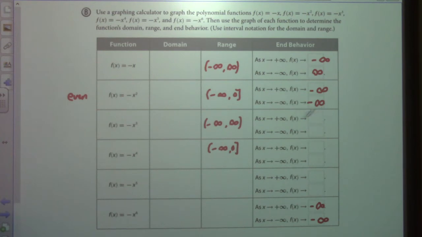And similarly here, for this negative 1, we're going to have negative infinity, negative infinity, and finally this last one is going to be the same as this one, negative infinity. Does that look too hard? No. Okay.